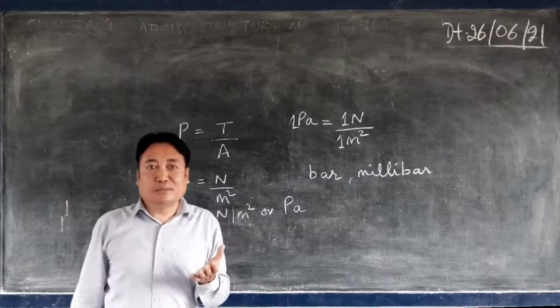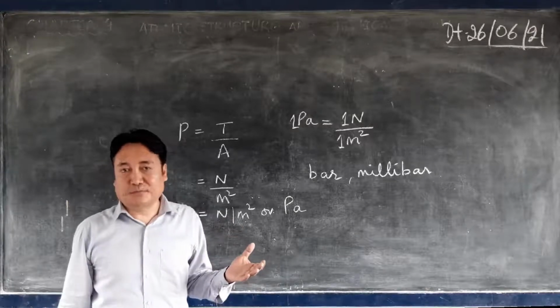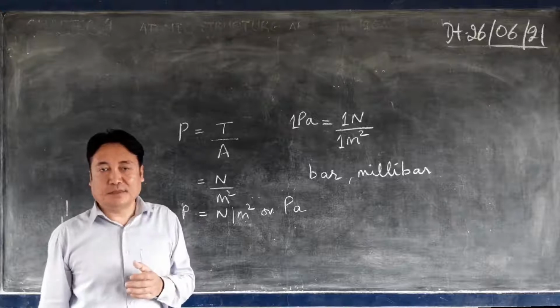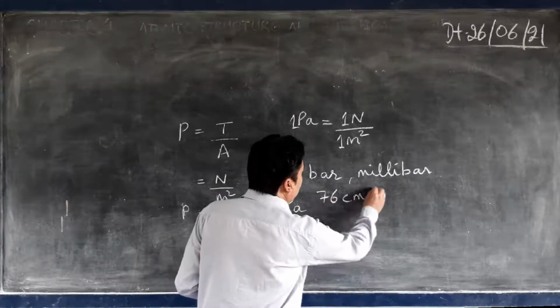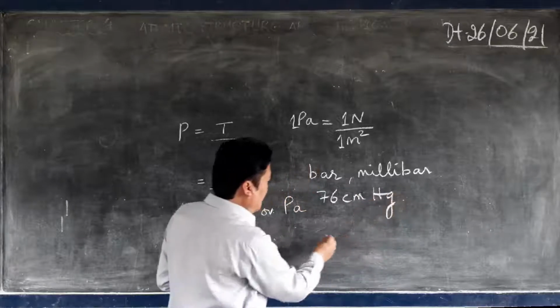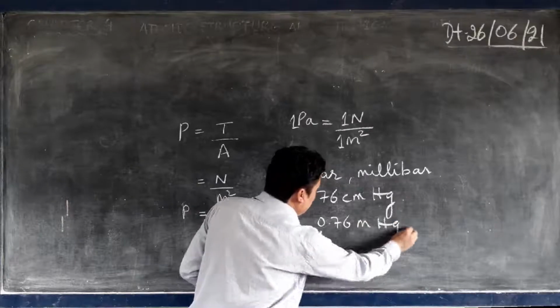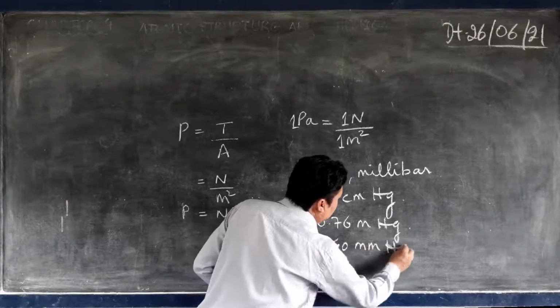By seeing the level of the mercury in the barometer, we can find the atmospheric pressure. The normal atmospheric pressure at sea level is 76 centimeter of mercury, or 0.76 meter of mercury, or 760 millimeter of mercury.